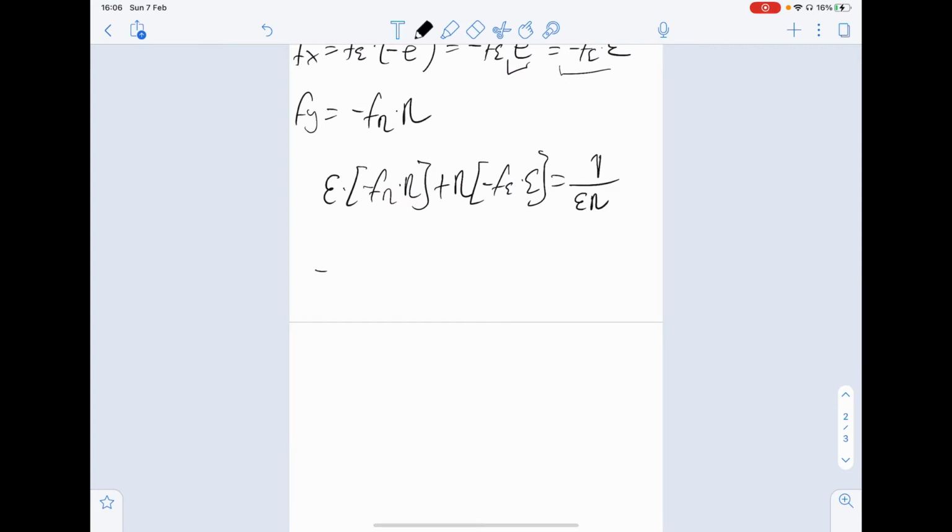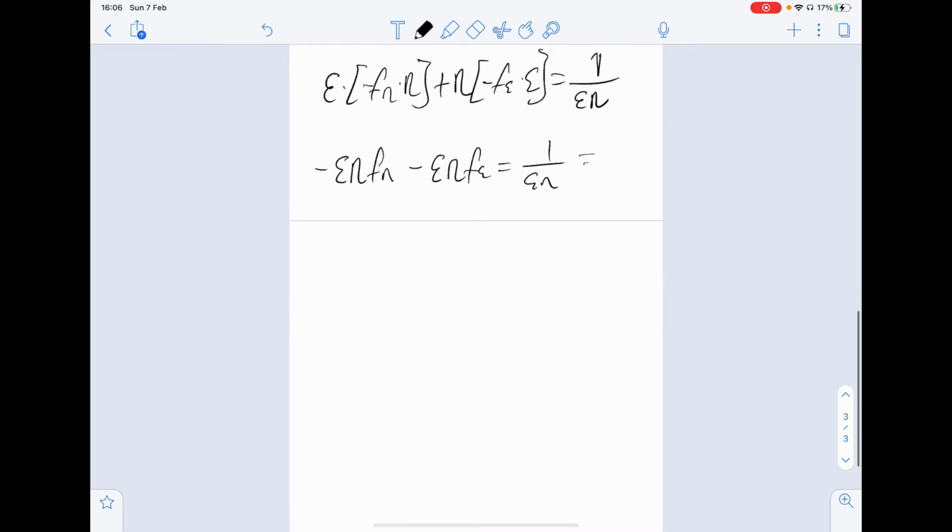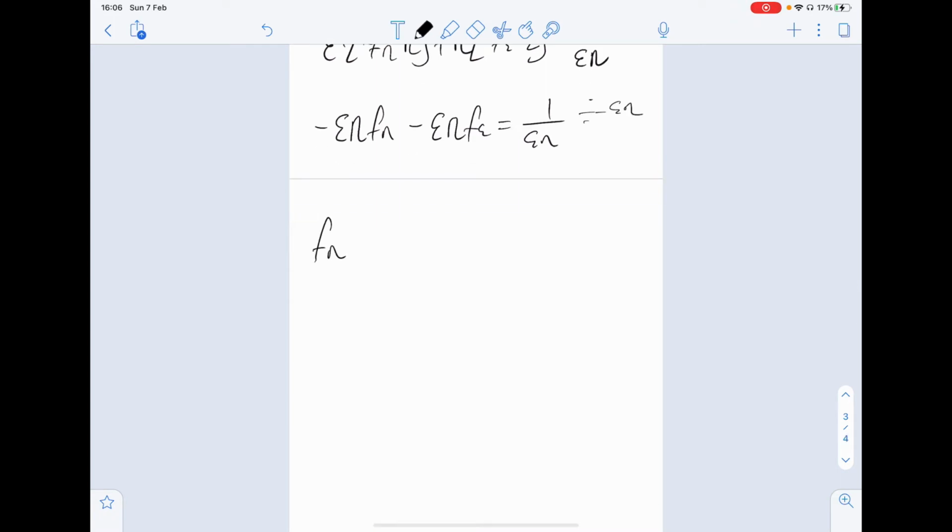So we have minus epsilon eta f sub eta minus, I'm going to keep it the same, epsilon eta f sub epsilon equals 1 over epsilon eta, and then dividing by minus epsilon eta, we get that f sub eta plus f sub epsilon is just minus 1 over epsilon squared eta squared.